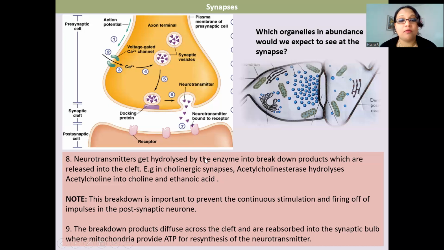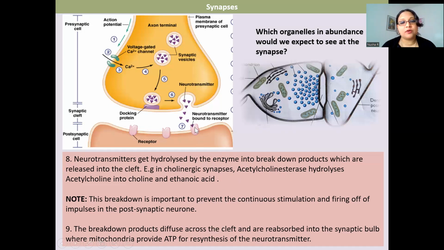If we take the example of cholinergic synapses, where the neurotransmitter involved is acetylcholine, there is an enzyme called acetylcholinesterase that would hydrolyze the acetylcholine into choline and ethanoic acid.